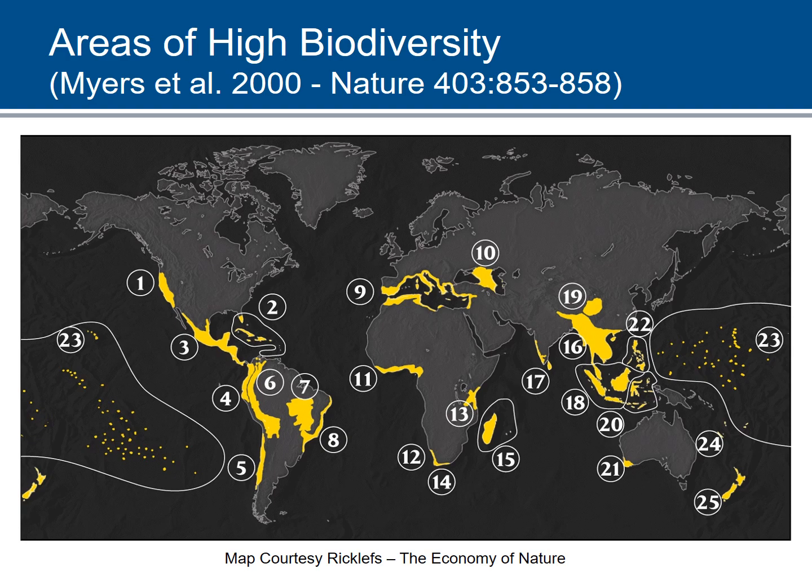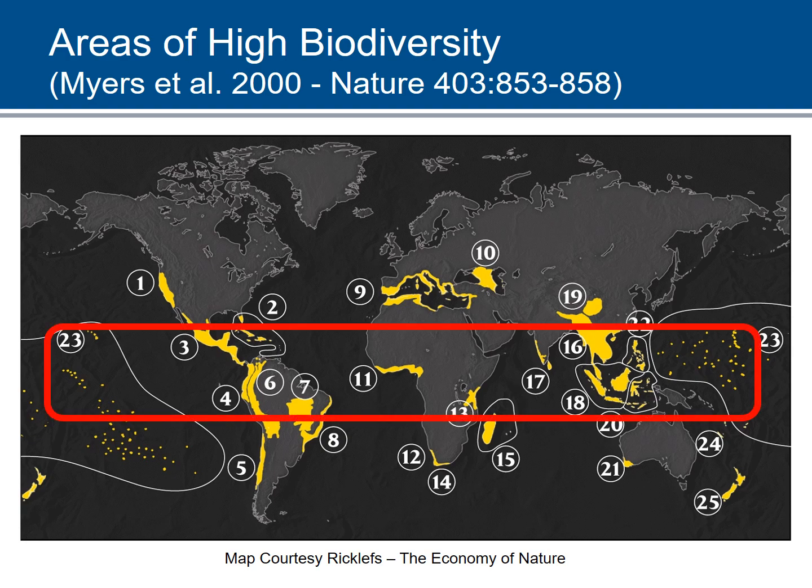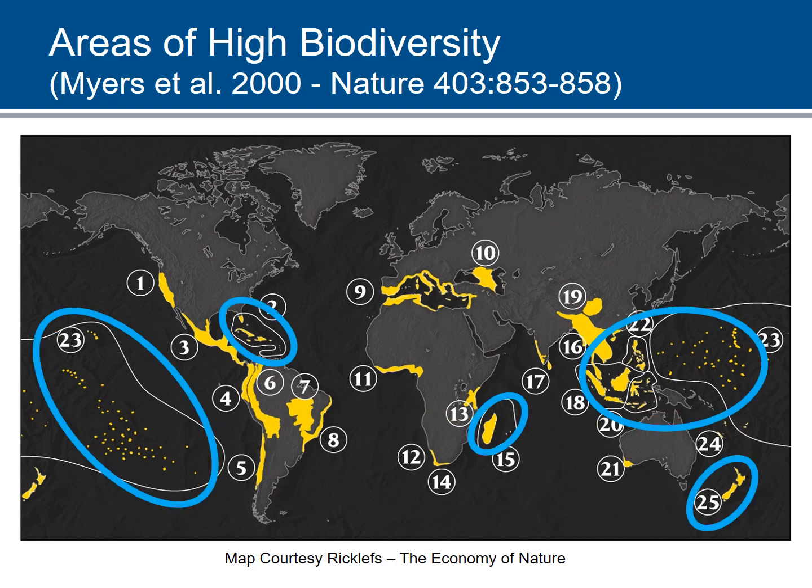Now, what do these areas have in common? Many of these areas are in tropical locations. Tropical locations tend to be a lot more diverse than polar areas. That's not to say we shouldn't conserve areas near the poles, but if you want to conserve a greater amount of biodiversity on the planet, more of that exists in tropical areas. Likewise, a lot of islands have unique forms of life living in those habitats.